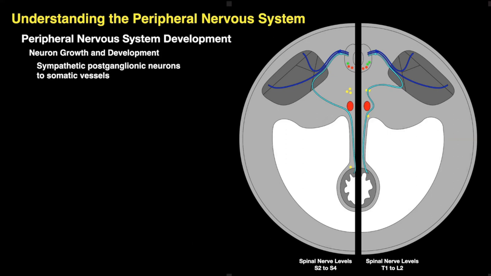So let's look at some sympathetic postganglionic neurons that follow smooth muscle developing blood vessels back to the somite.